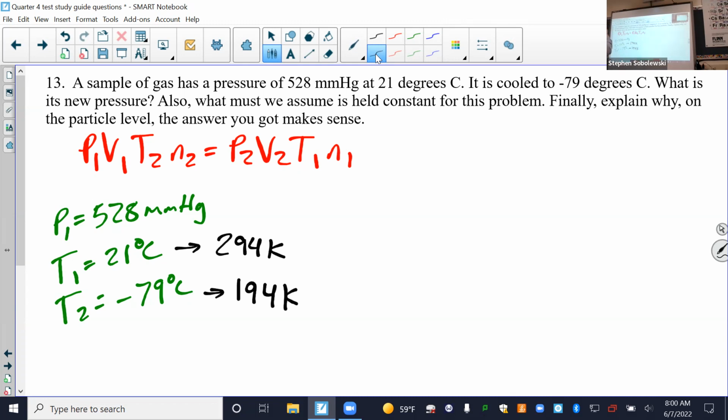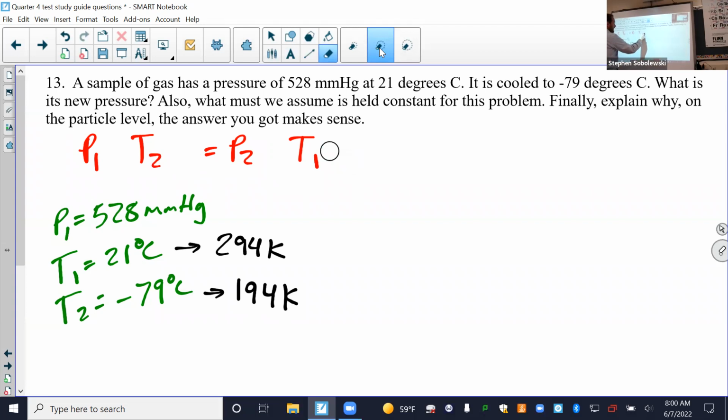All right. So I didn't give you any values for volume. So what are we assuming? Well, we're assuming volume is held constant. So I can just remove that from both sides. And what else did I not mention? I didn't mention moles. So we assume that the moles are constant. So we can get rid of those as well. So my formula ends up being P1T2 equals P2T1.